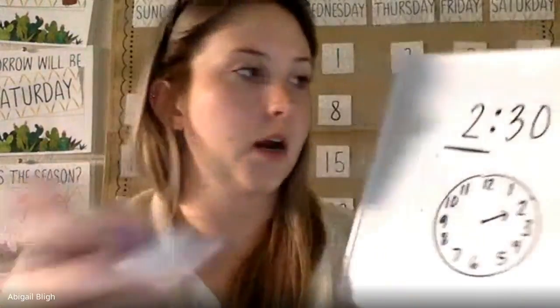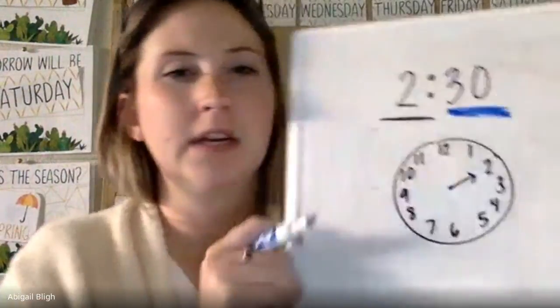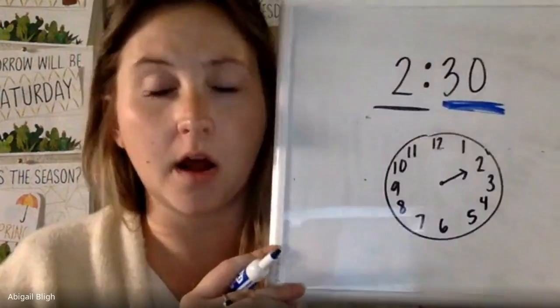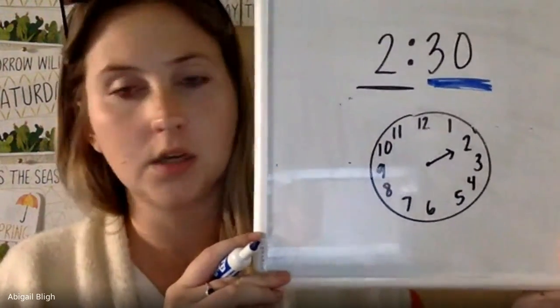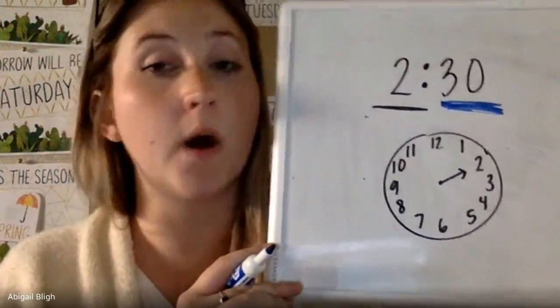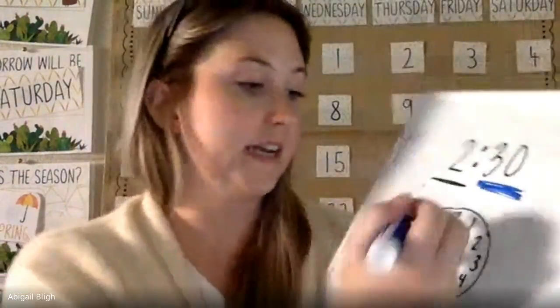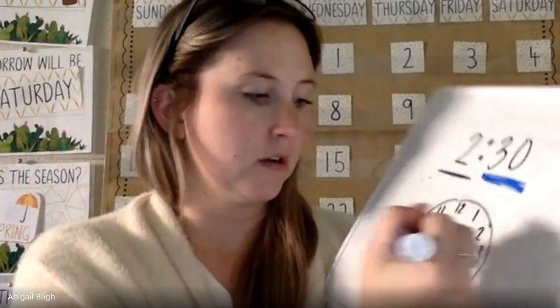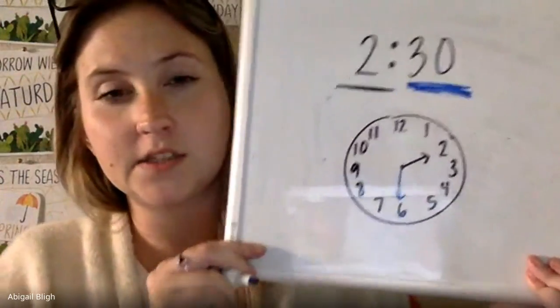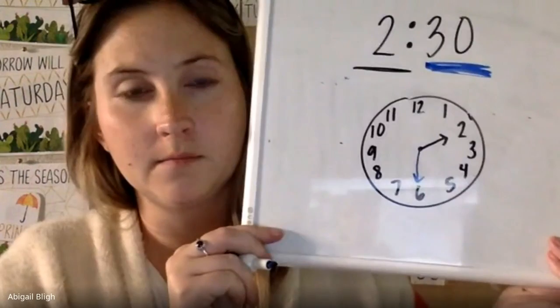Now for the second part, I'm going to underline it in blue. Is there a number 30 on the clock? No, there's not a number 30, but what number represents 30 minutes? The 6 does. Now my clock says 2:30. Good.